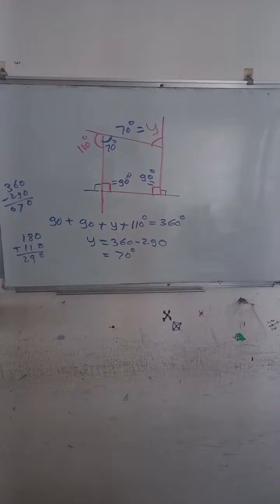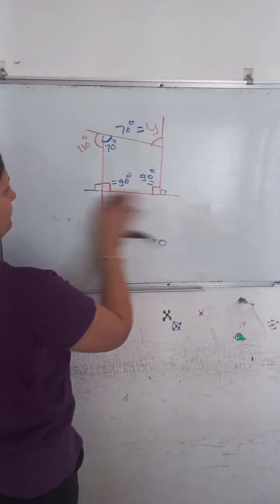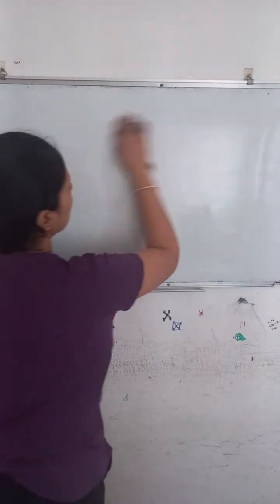Write down. If the angles of the quadrilateral are x degrees, x minus 10 degrees, x plus 30 degrees, and 2x degrees, find the measure of all the angles.